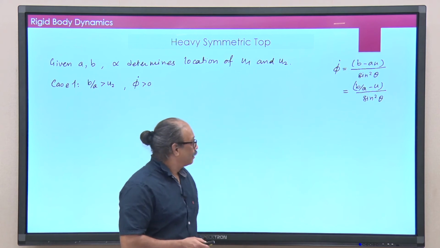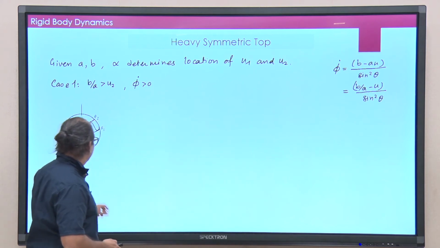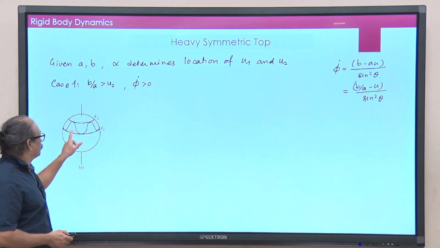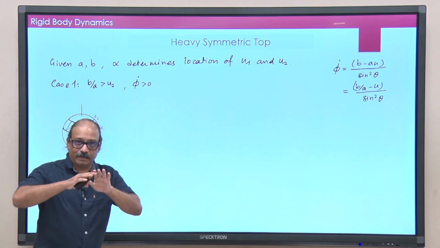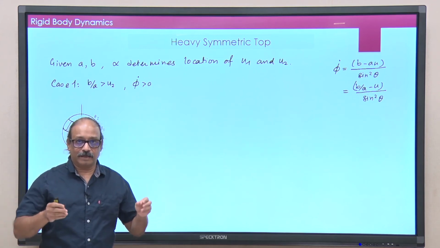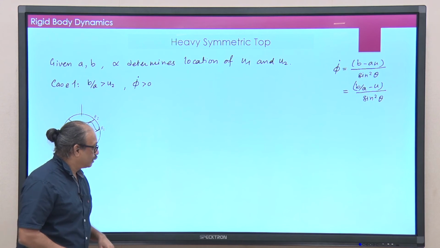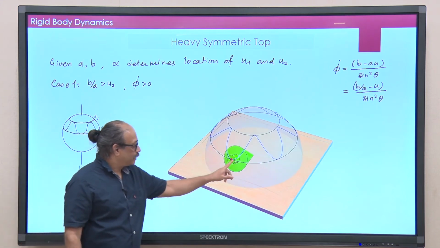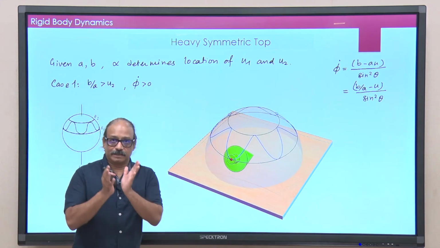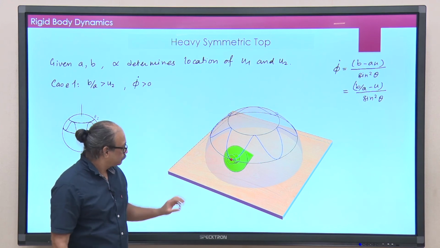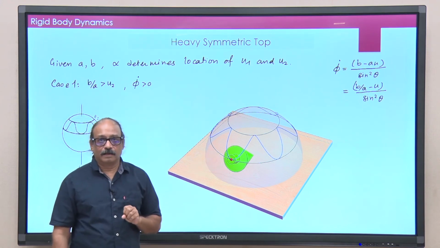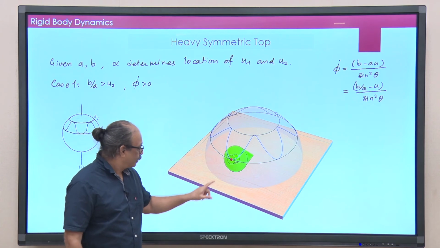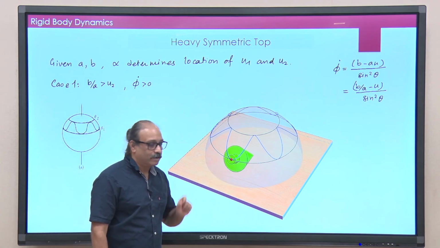Okay. Now, what does that mean? It means something like this. So, if you look at the symmetric top and you look at the top point of it, so here there is a symmetric top which is formed by a cone and a tiny cylinder, and the top point is shown by this red dot.